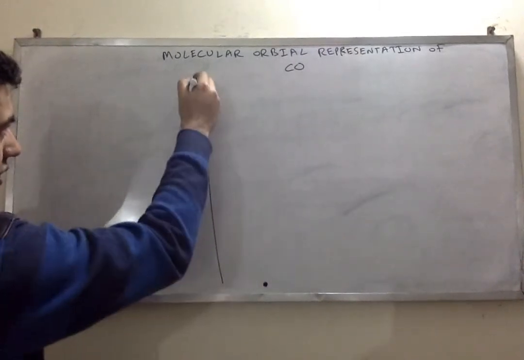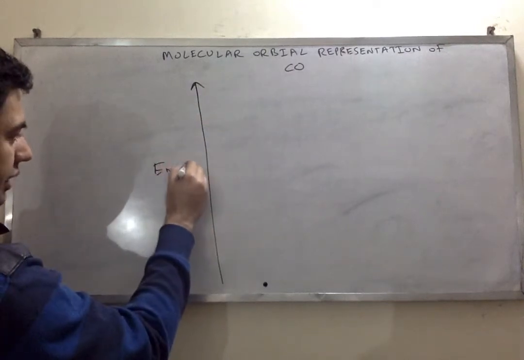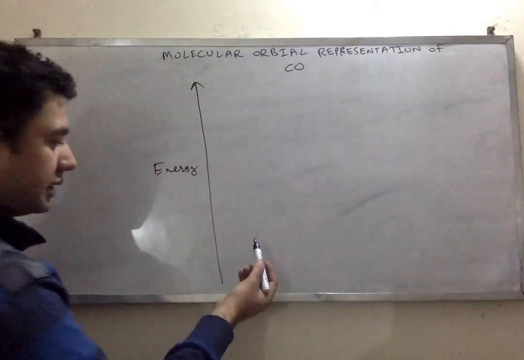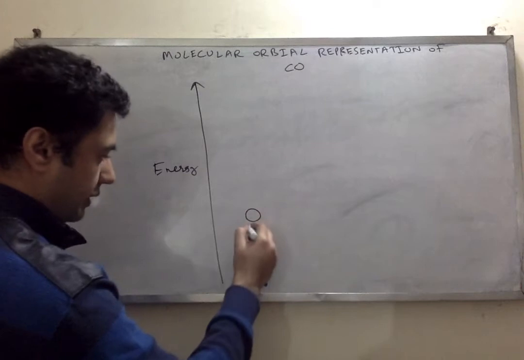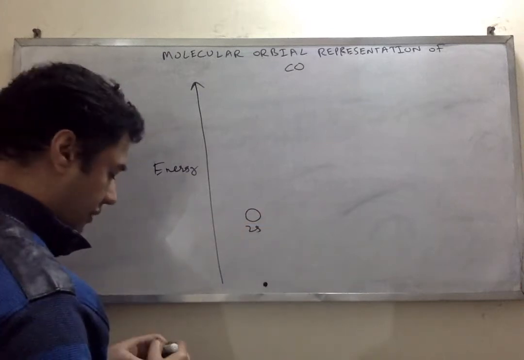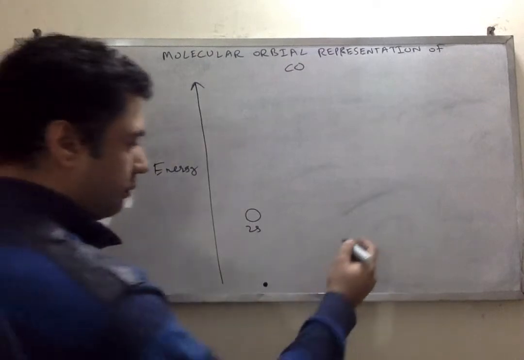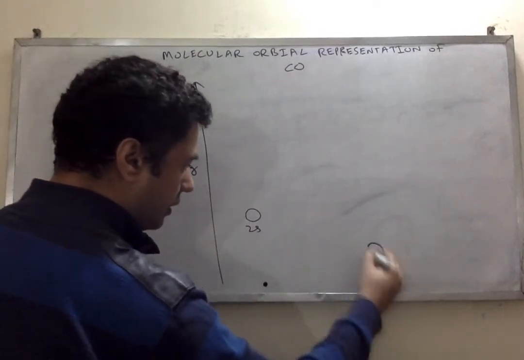The representation consists of a vertical axis where we will show energy, and we'll use black to represent the orbitals of carbon atom. So we can show the 2s orbital of carbon in this particular fashion, and we will use blue shade to represent the corresponding orbitals of oxygen.